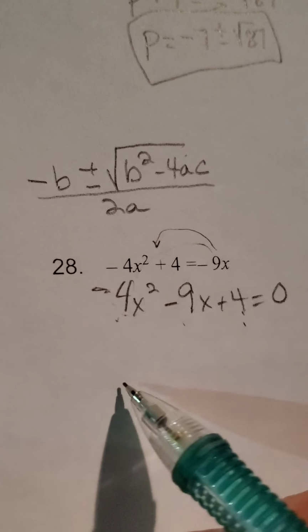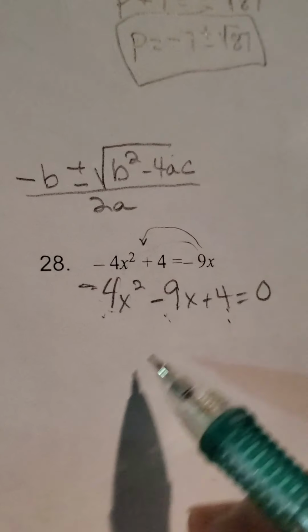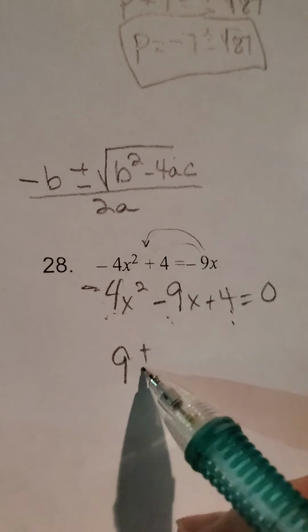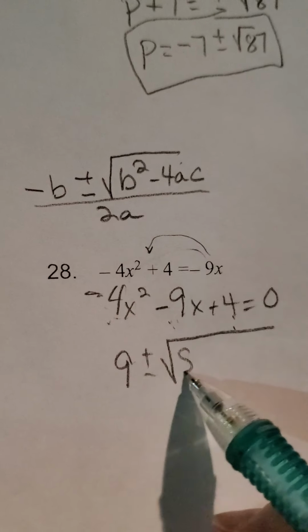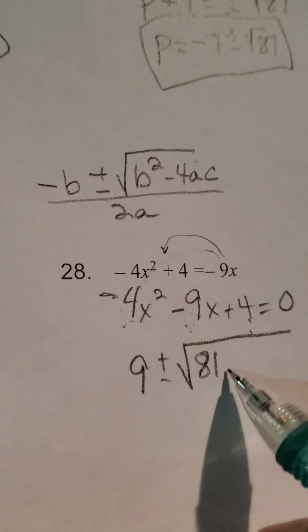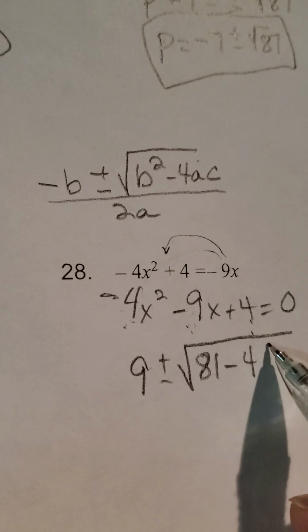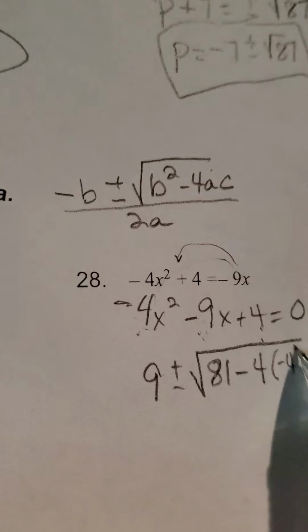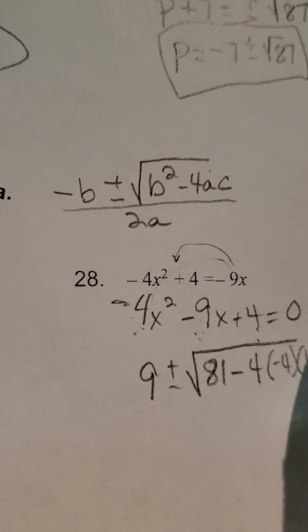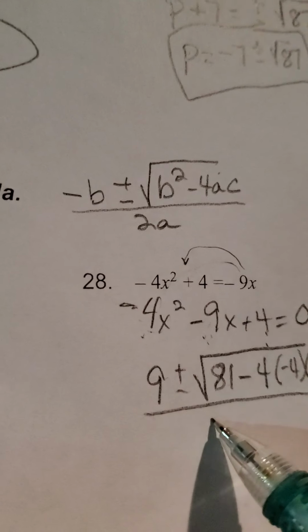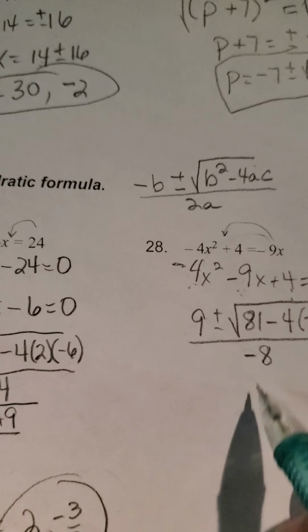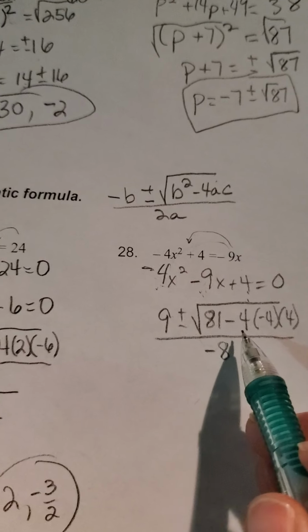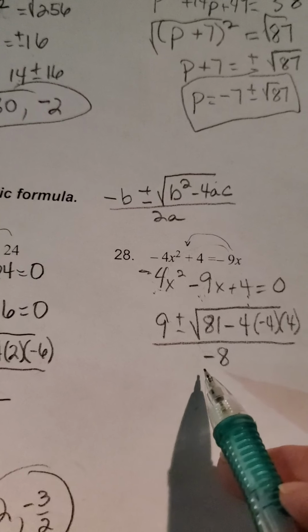All right, so the opposite of B in this case would be 9, plus or minus the square root of B squared would be 81. 9 times 9 is 81, minus 4 times A is minus 4, and C is a positive 4. All over 2 times negative 4 is a negative 8. Oops, okay. So, B squared minus 4AC over 2A.